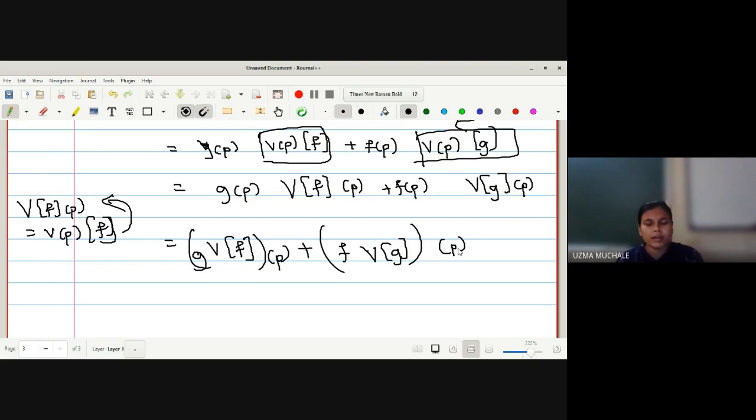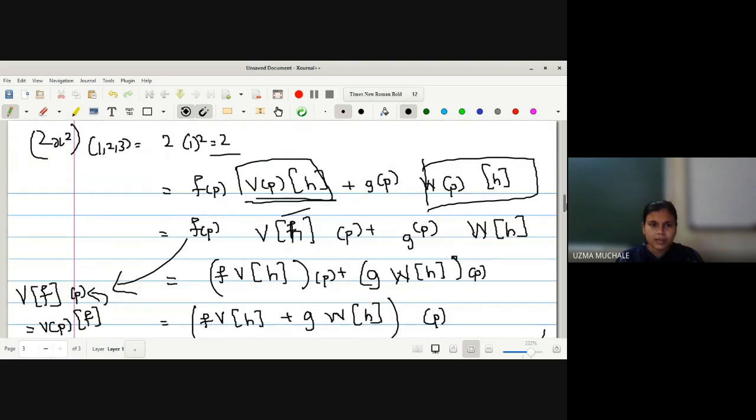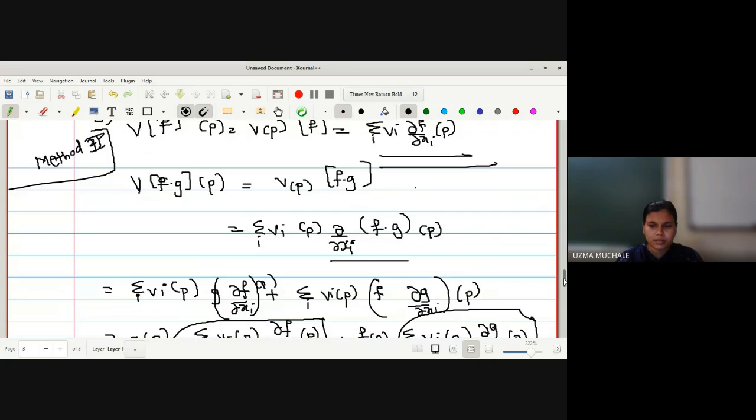You can now take the same statement, that as p is an arbitrary point in the E3 space, hence the result. Which method do you feel is easier to prove these properties, by the formula itself or by those assumptions? That means the properties which we have to use in two ways.